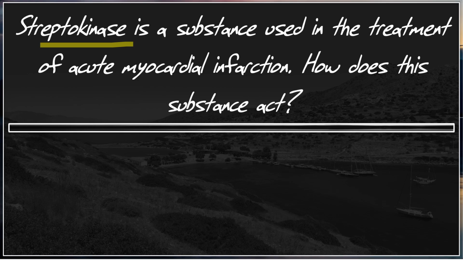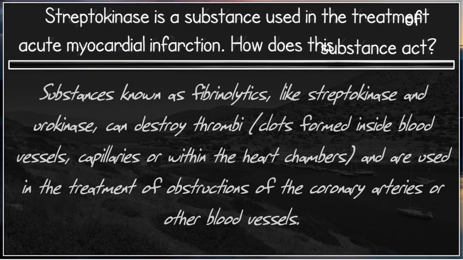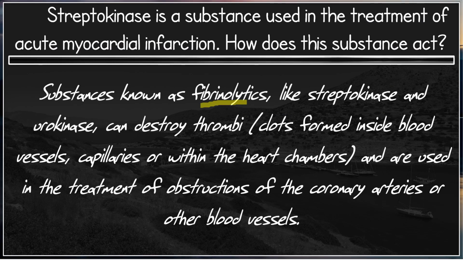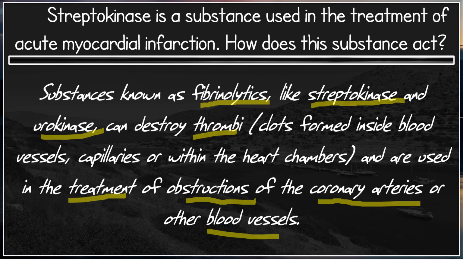Streptokinase is a substance used in the treatment of acute myocardial infarction. How does this substance act? Substances known as fibrinolytics, like streptokinase and urokinase, can destroy thrombi, clots formed inside blood vessels, capillaries, or within the heart chambers, and are used in the treatment of obstructions of the coronary arteries and other blood vessels.